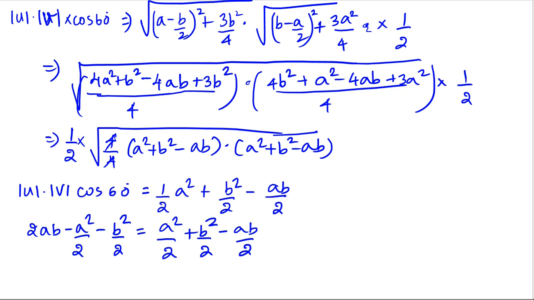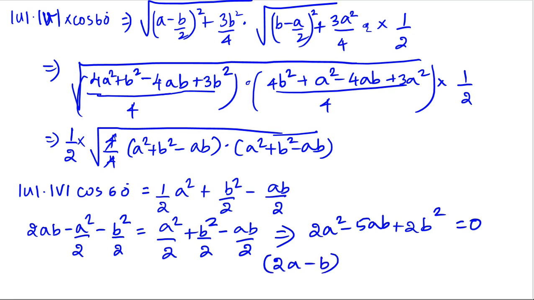So on simplifying this, you're going to get a quadratic equation which is 2a square minus 5ab plus 2b square is equal to 0. So you're going to get (2a minus b)(2b minus a) equal to 0.